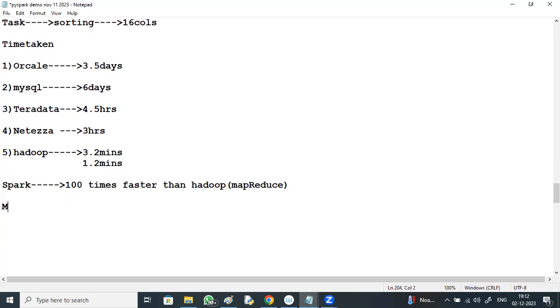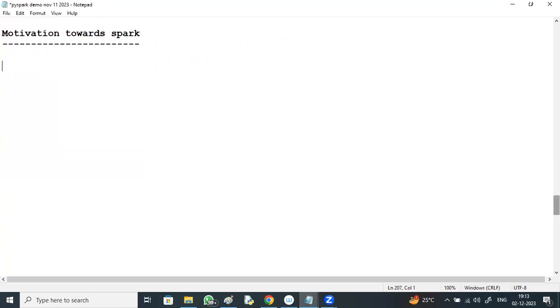Motivation towards Spark. Observe this motivation towards Spark.